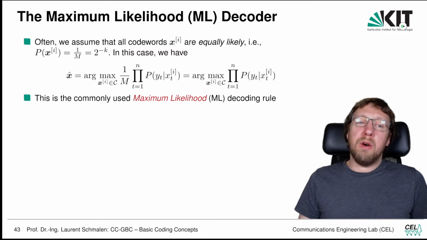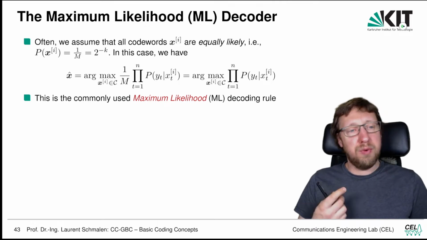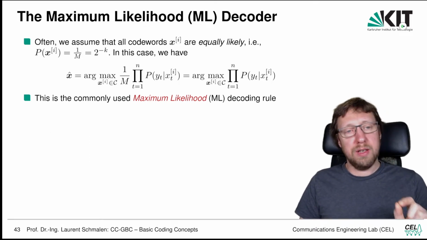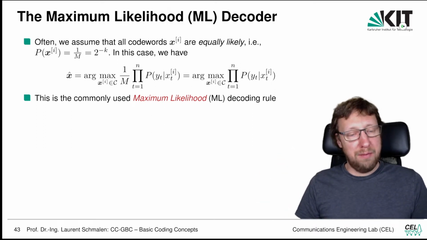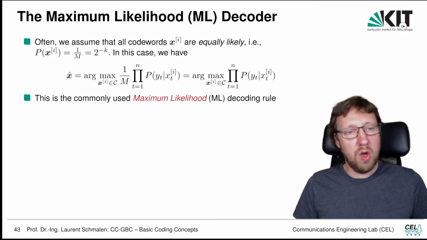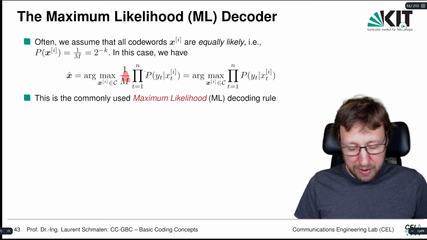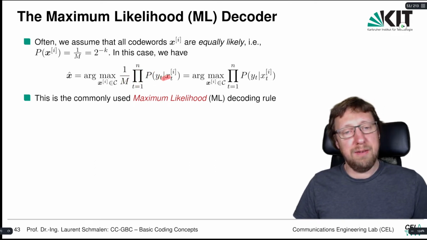So we assume that our input bits are uniformly distributed, and then the probability of selecting a certain code word is just 1 over m. So every code word is selected with the same probability, 1 over m, or 2 power minus k. So we have 1 over m times the product of p of yt given xt.